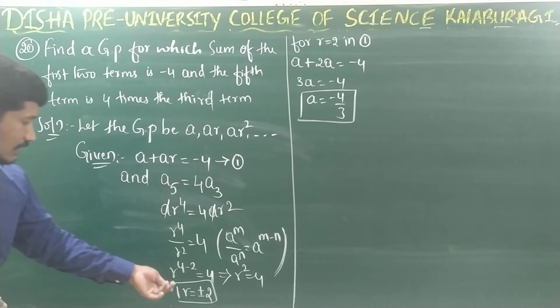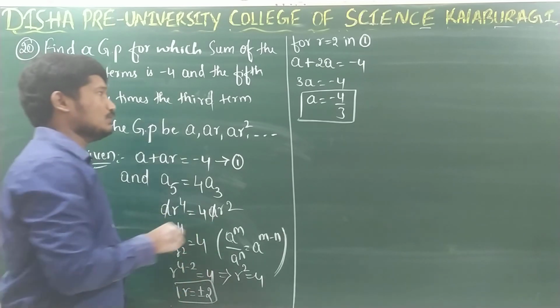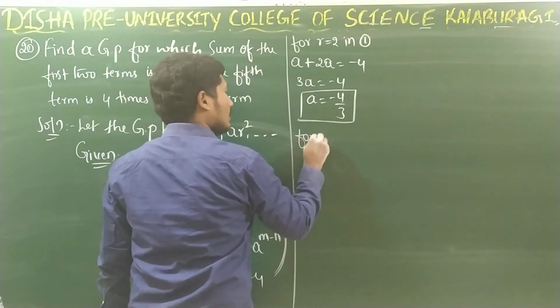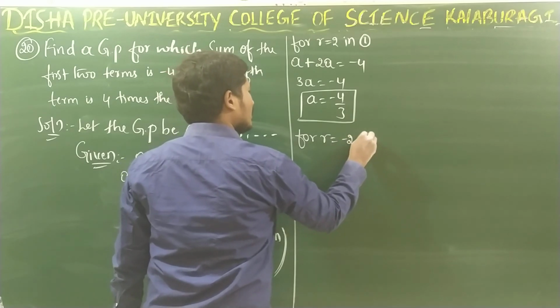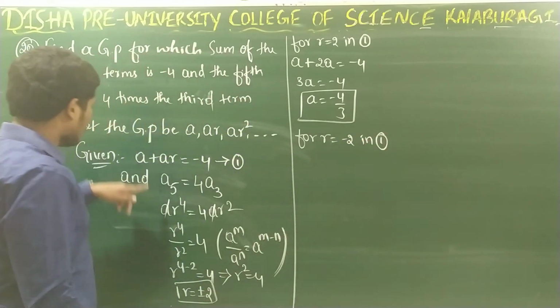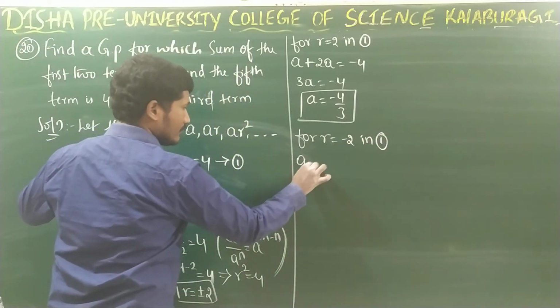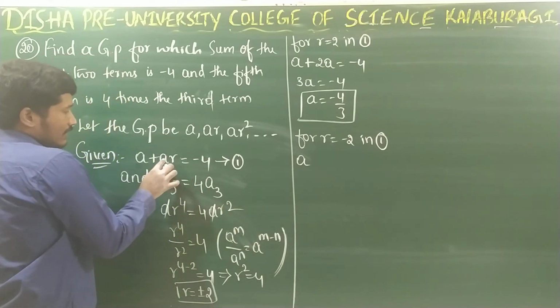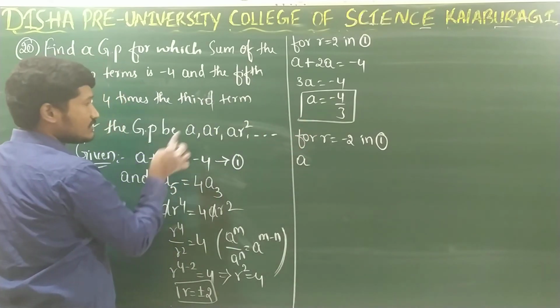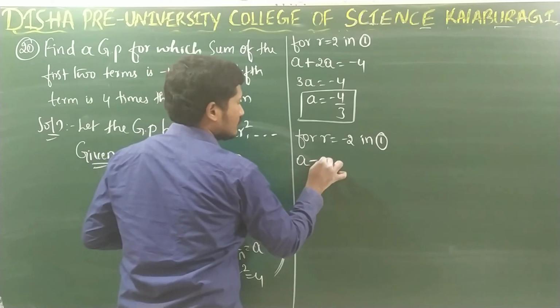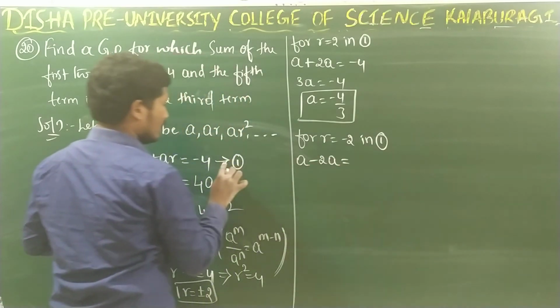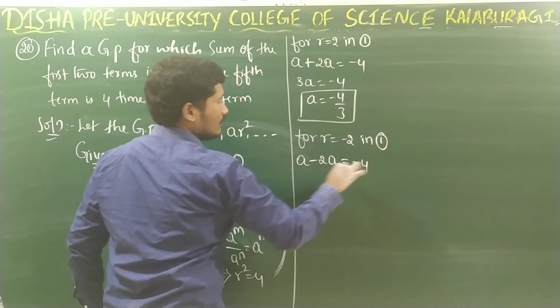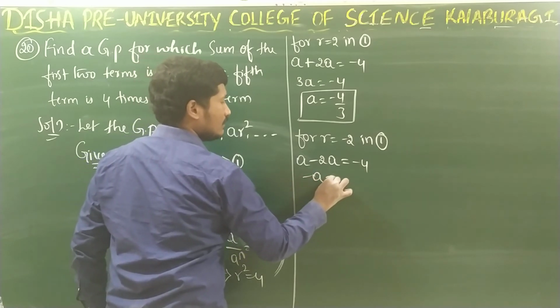Right? Next, let me take r is equal to minus 2 in equation number 1. See here, a as it is, a into r, a into minus 2, plus into minus will be minus, so this will be minus 2a is equal to minus 4. a minus 2a is minus a is equal to minus 4.